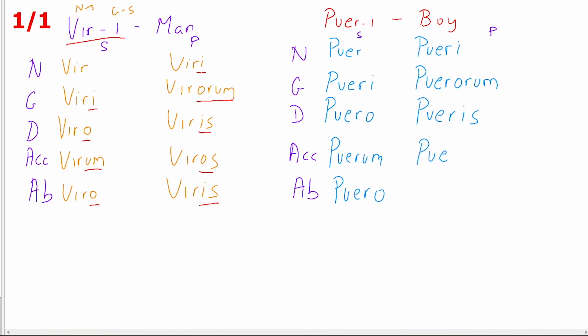Accusative plural, pueros, and ablative plural, pueris. So this is one variation, where only it is ending with R, but follows the second declension.